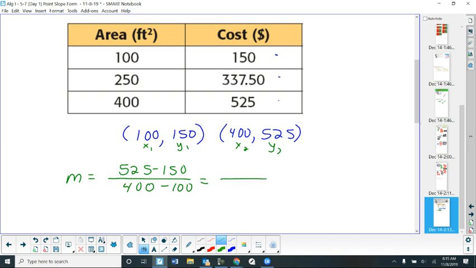Okay, so what's 525 minus 150? 375 over 300. And what does that reduce to as a fraction? 125. Okay, that's 1.25. So what does that reduce to as a fraction?